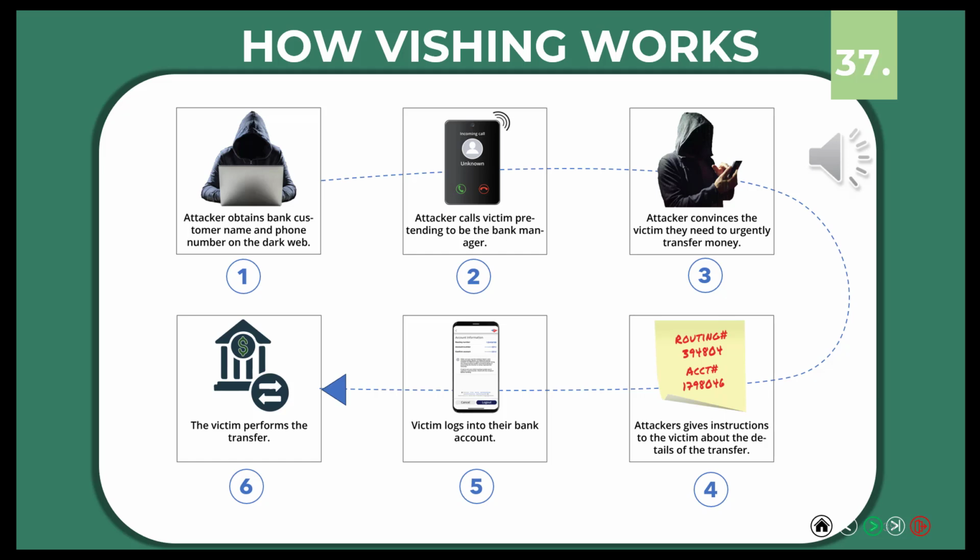In steps 2 and 3, the attacker calls a victim pretending to be a bank official and tries to convince them of the need to transfer money to address some kind of an urgent issue to avoid potential legal action or even account closure. In steps 4 and 5, if the attacker manages to persuade the victim that the threat is real, they will provide payment instructions and ask the victim to log into their bank account on the phone and make the transfer to remedy the situation.